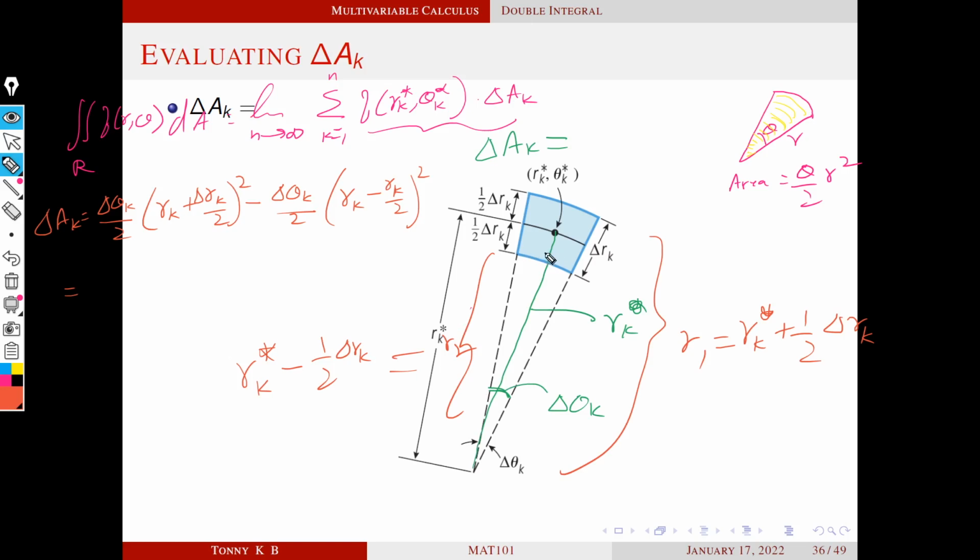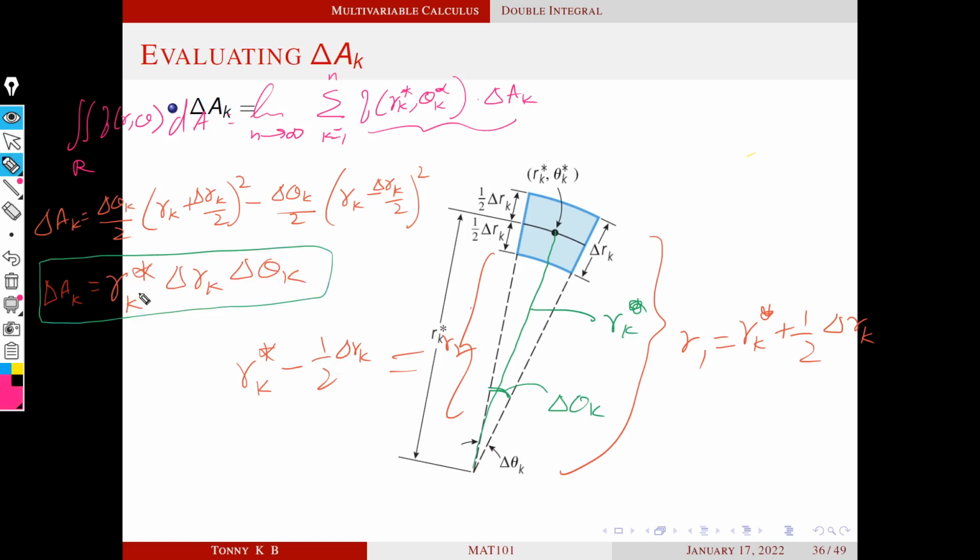Its angle remains delta theta k, so delta theta k by 2 times r k minus delta r k by 2, whole squared. Now you can expand these two brackets and simplify. This expression becomes delta A k equal to r k star delta r k delta theta k. So now the area in terms of r and theta, you can substitute in this formula.